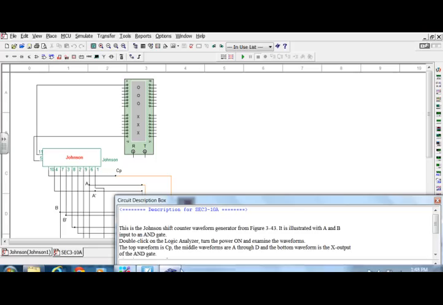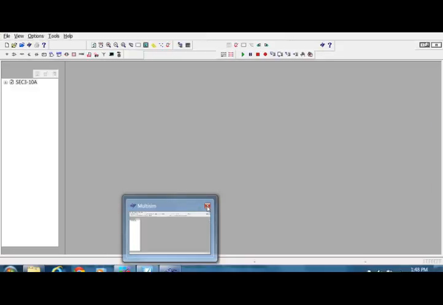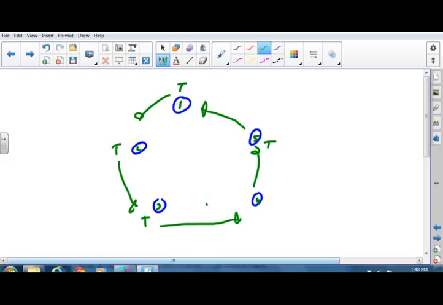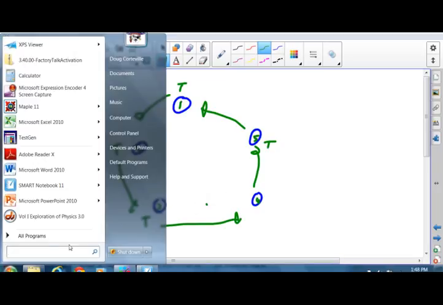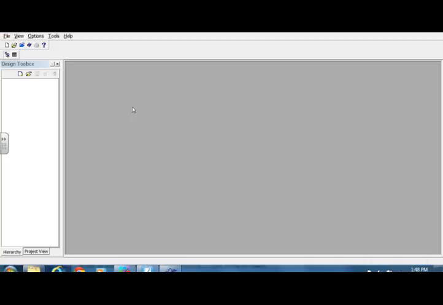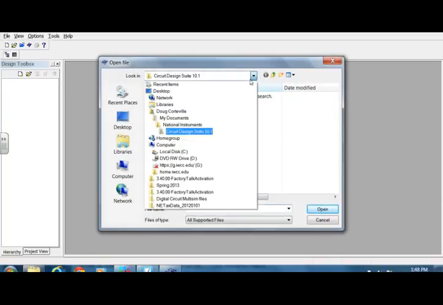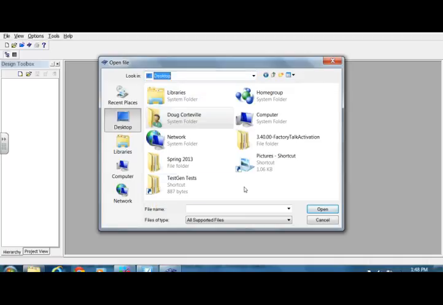Well, back to the Multisim thingy. Thank you very much. Get out of there. Oh, now he did it. Oh, well. Cut out the talk. All right, there we go. Now we got that. That's up. File, open, desktop. Where's the desktop? Test gen? No. Where's the Multisim?